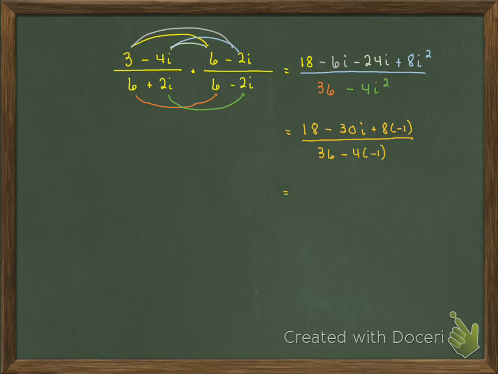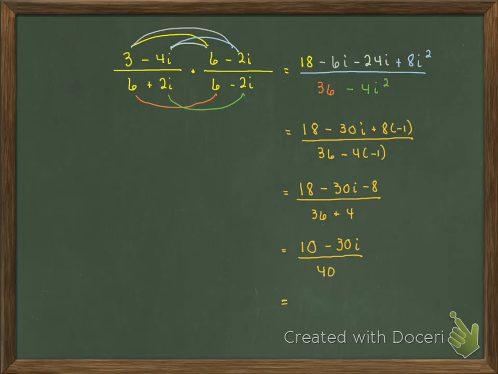Okay, so we're getting there. So 18 minus 30i minus 8 all over 36 plus 4 will give us 18 minus 8 is 10 minus 30i all over 40. Now, what we're going to do when we finally get to that result is if everything can be divided by some number, then we will simplify by dividing by whatever that greatest common factor is.